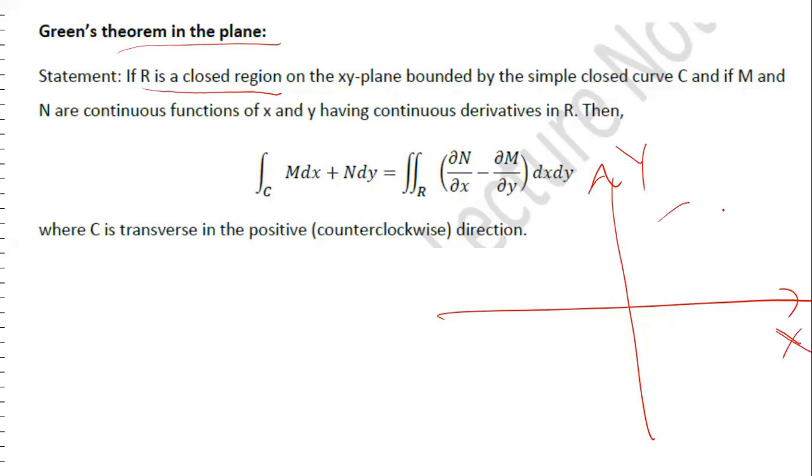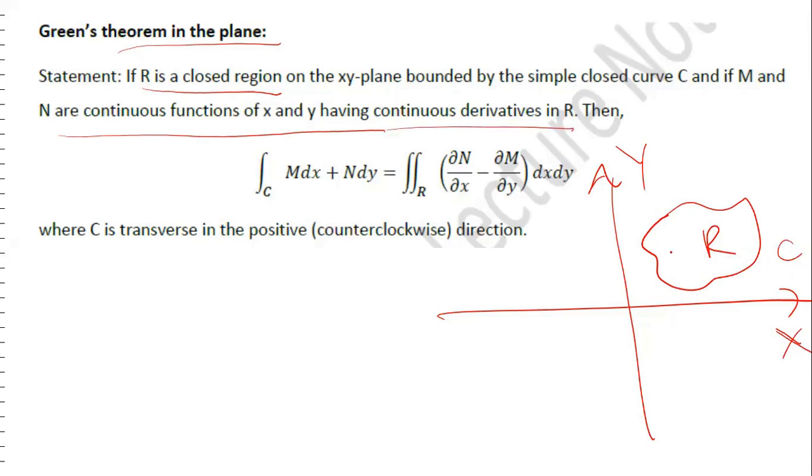You consider any flat region R on the xy plane, bounded by a simple closed curve C. Then what it says is that if M and N are continuous functions of x and y having continuous derivatives within this region R, then Green's theorem says that the loop integration of M dx plus N dy equals the surface integration over this region of del N upon del x minus del M upon del y, where C is the loop which traverses in the counterclockwise direction.